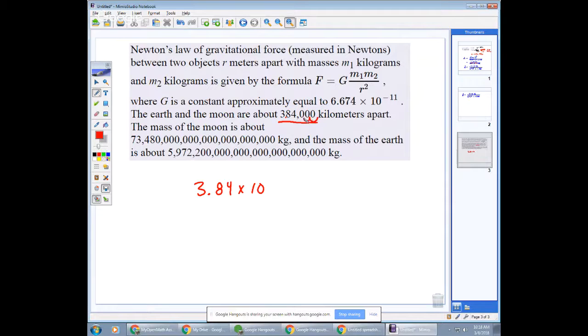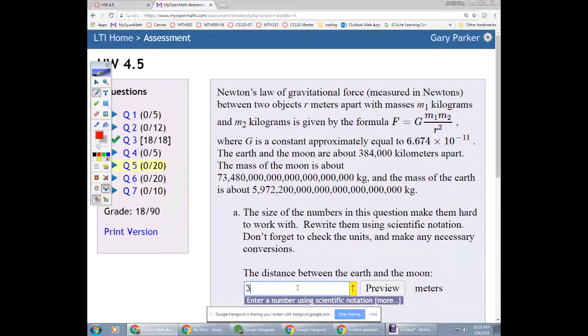So 1, 2, 3, 4, 5. To be 10 to the 5th power. And most calculators, if you type that in, it'll give you back the number you started with, just to double check. So 3.84 times 10 raised to the power 5.